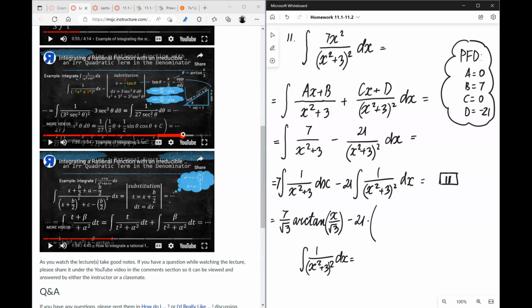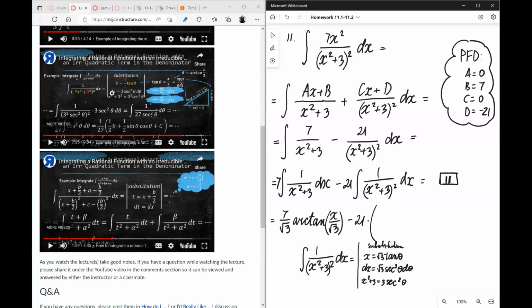And again, just following these exact steps over here, my substitution is x is going to be square root of 3 tangent theta. So dx will be square root of 3 secant squared theta d theta. x squared plus 3 then will be 3 secant squared theta.